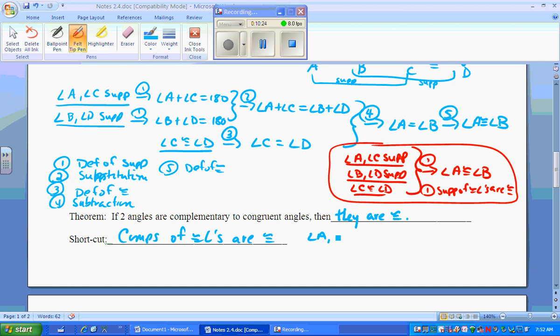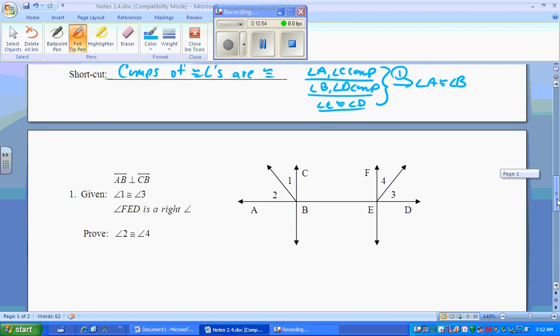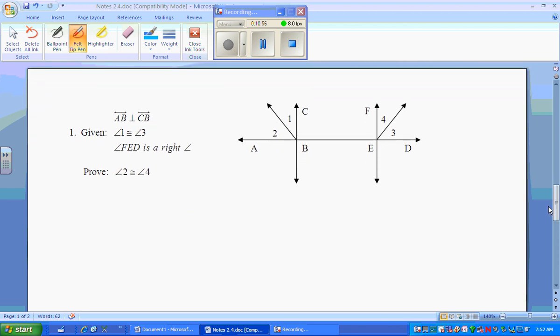Looks very similar to above, so A and C would be complementary, angle B and D would be complementary, and angle C would be congruent to angle D. These three things together then gives you A congruent to angle B, and you are done with the reason of complements of congruent angles. So there's the four theorems, two ideas, just the difference between supplementary and complementary. Let's look at three examples together to see how we can apply those reasonings.